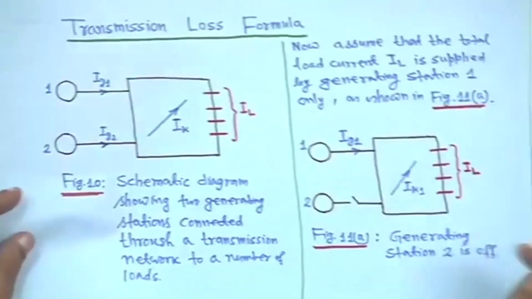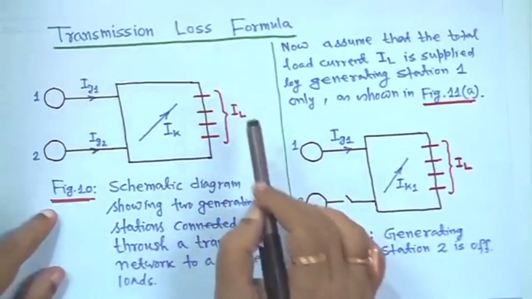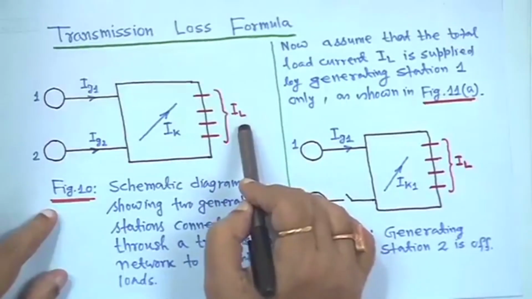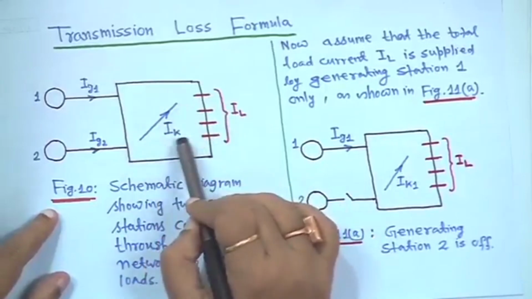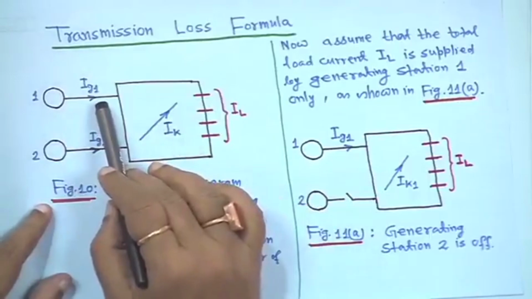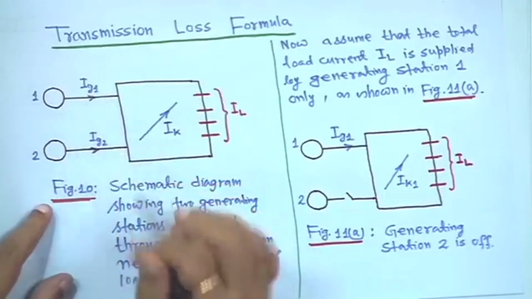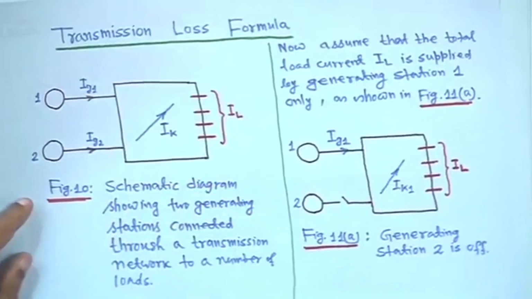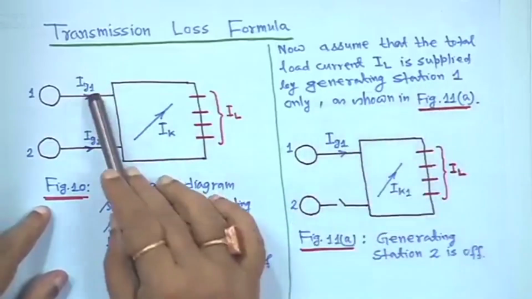It is a transmission network, it has a number of buses. The total load current is I_L, and one particular branch k has current I_k, and the currents from generator 1 and generator 2 are I_G1 and I_G2. Now assume that the total load current is supplied by generating station 1.